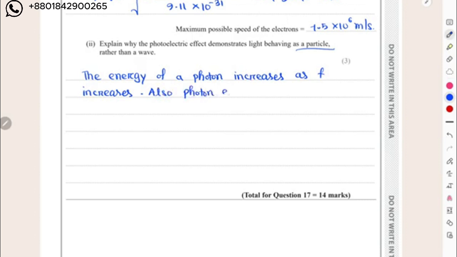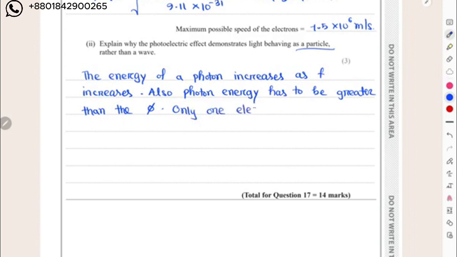Also, photon energy has to be greater than the work function, and only one electron can interact with each photon to move up to a higher energy level, right?